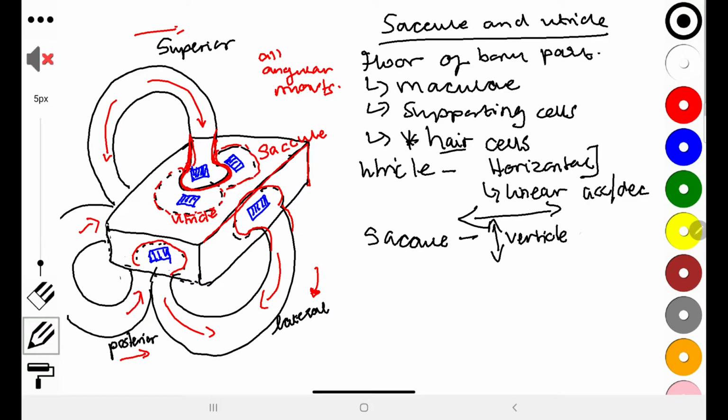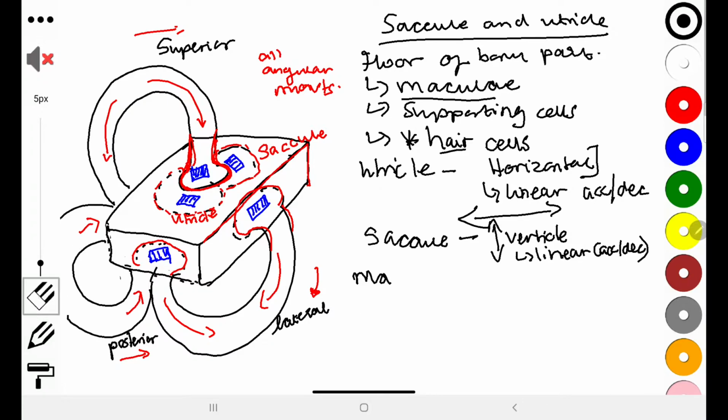So it's vertical but still linear, and we're still talking about acceleration and deceleration. So the saccule and the utricles, we say they use the macula.